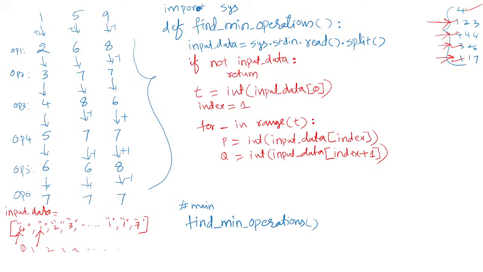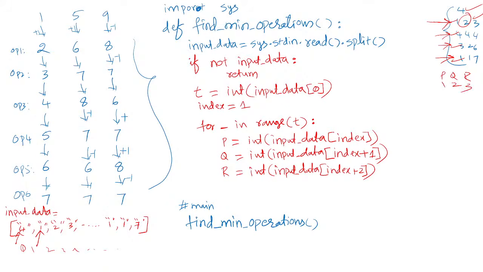So it becomes 1 plus 1, which is 2. input_data[2] gets the second value, so this value 2 goes into Q. Then read the R value: int of input_data[index plus 2]. So 1 plus 2 is 3, it is available at 3, and this comes into R. So now you got the values P, Q and R: 1, 2, 3.